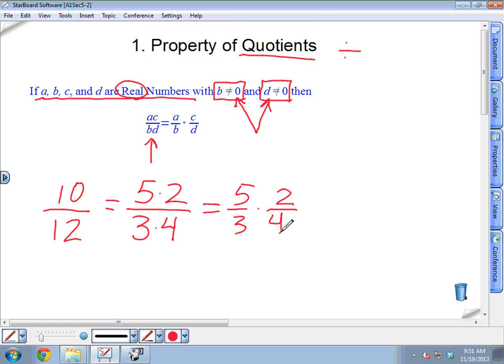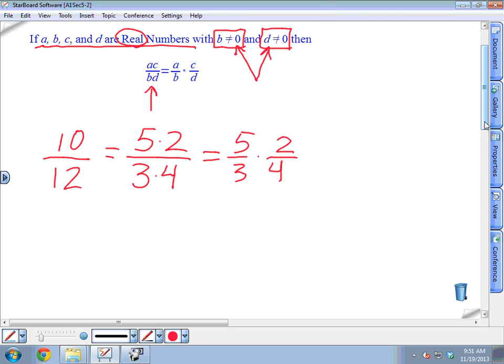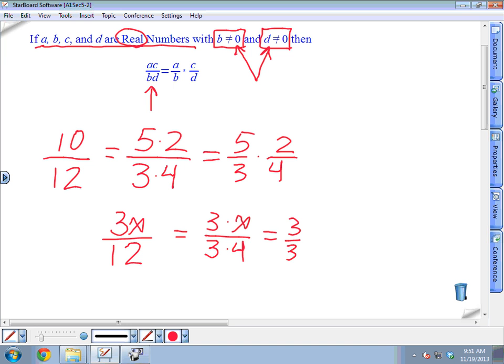Now a little bit more than that: if I had 3x over 12, I can change this to 3 times x over 3 times 4. Well, now I have 3 over 3 times x over 4, which is exactly what this property is telling me.